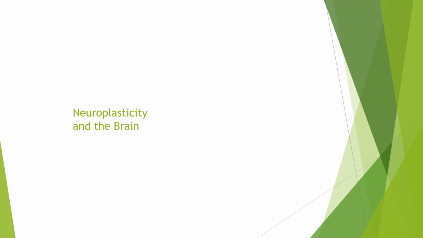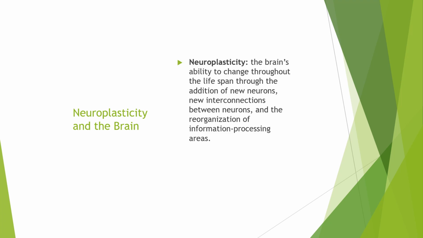Let's talk a little bit about neuroplasticity and the brain. Neuroplasticity is your brain's ability to change throughout your lifespan. And this is through the addition of new neurons and new interconnections between those neurons, and the organization or reorganization of information processing. You will continue to develop new neurons throughout your lifetime until the day that you die.